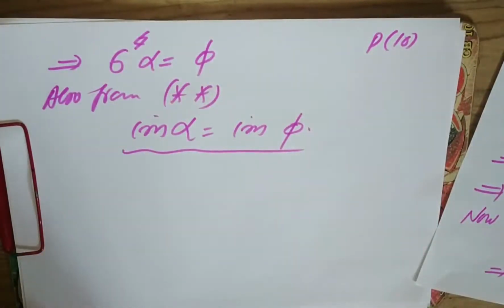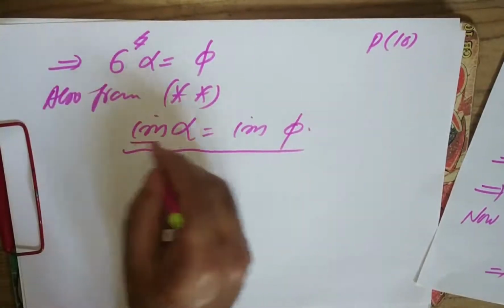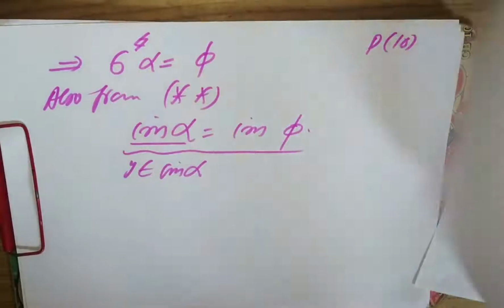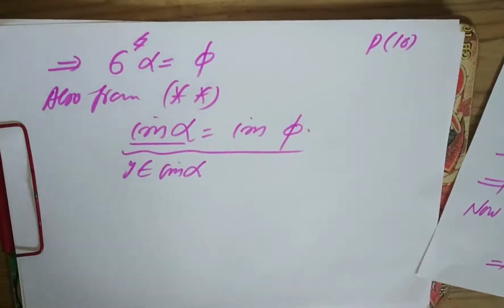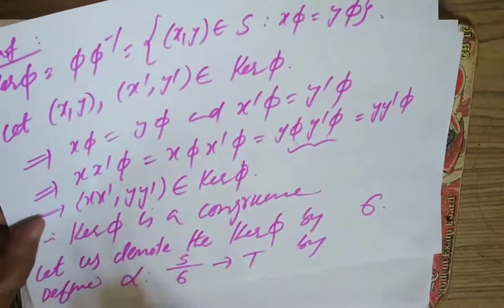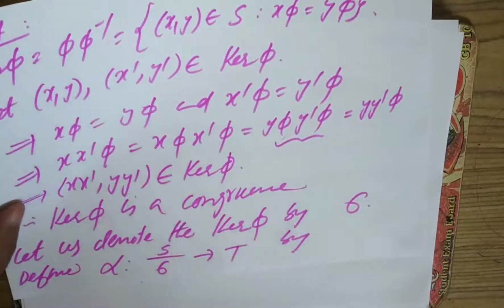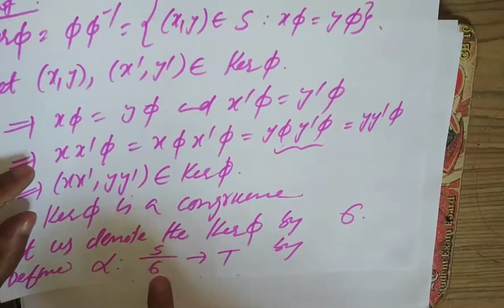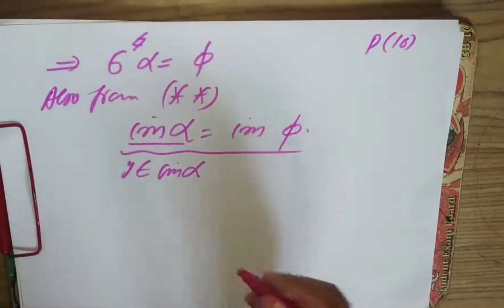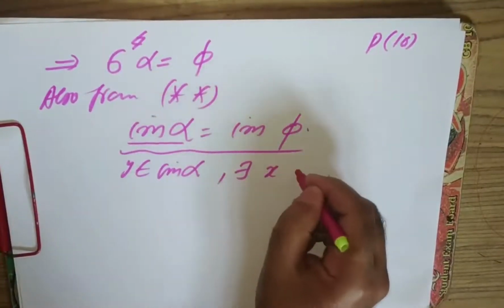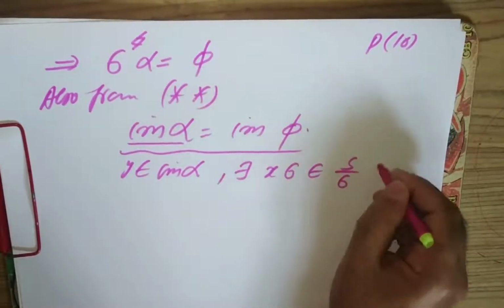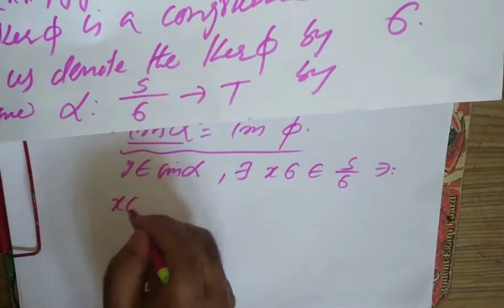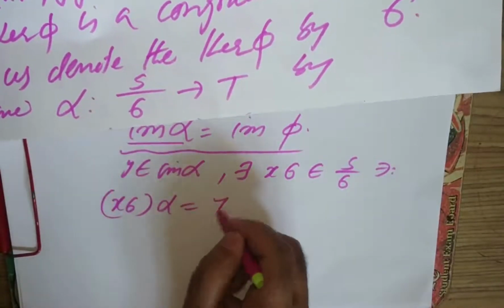If you want to prove this, let's choose any element here. Let y belong to the image of alpha. But what's alpha actually? Alpha is a map from S over sigma to T. So that means if y is in the image of alpha, there exists x sigma belonging to S over sigma such that x sigma alpha is equal to y.